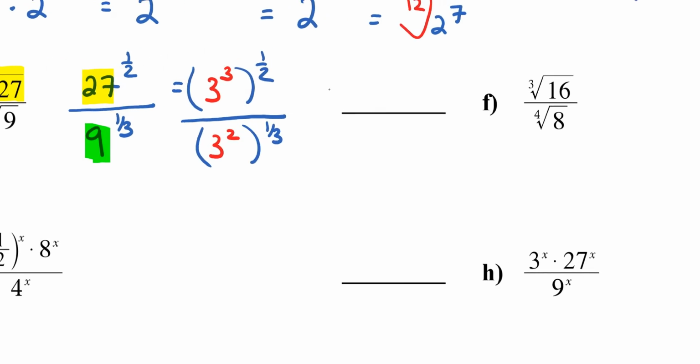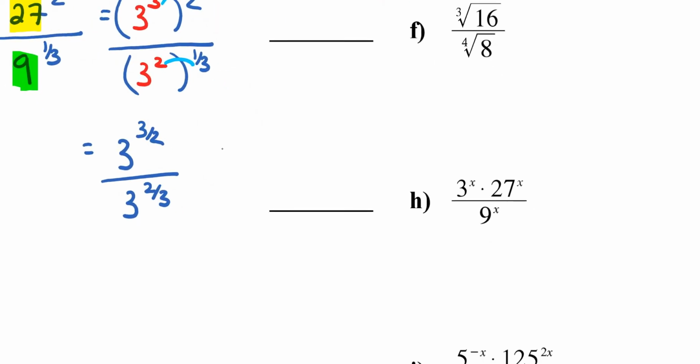So if I continue on here, I'm going to the bottom here. If I go ahead and multiply the powers here, I get 3 to the power of 3 over 2, all divided by 3 to the power of 2/3. Okay, so a bit more work to do because we've got to make sure that the denominators are the same here.